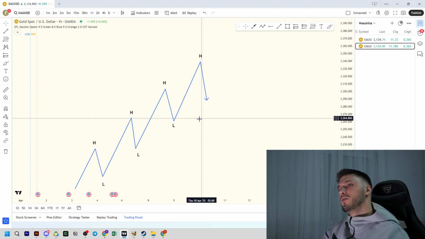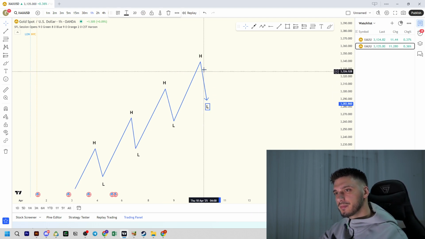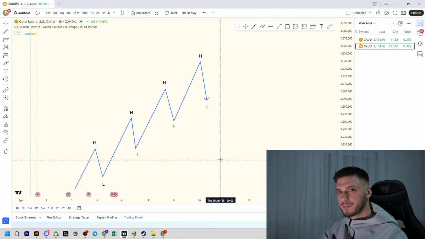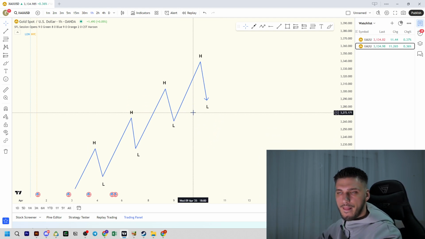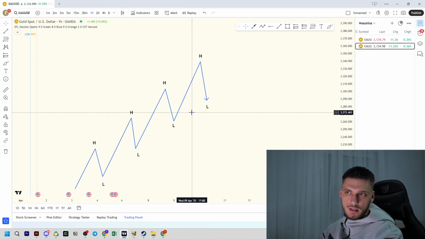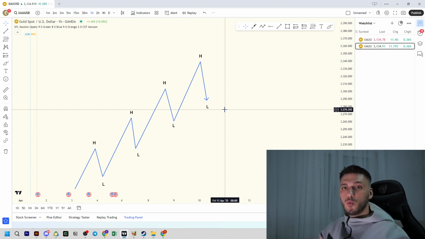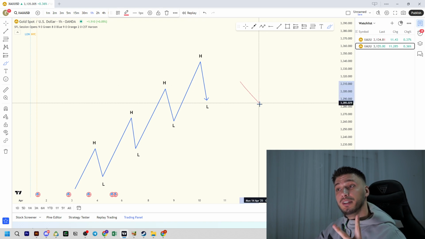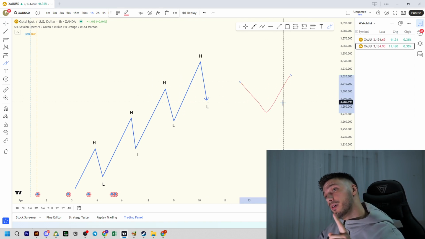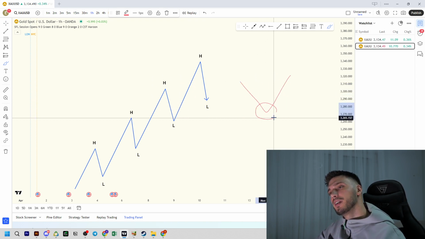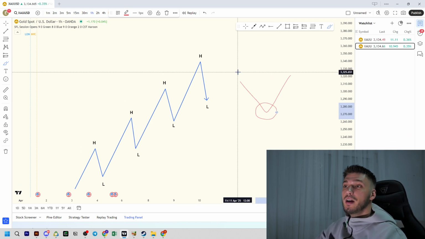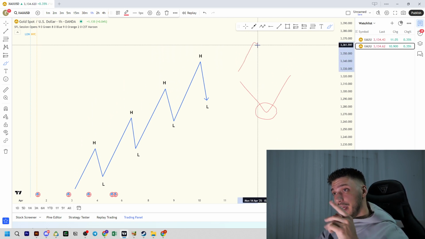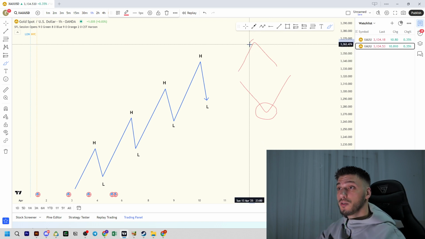And now I want to ask you this. Is this a low? This is a move down. Is this a low? No, it's not. Why? Because we need two steps to create a high or a low. A move down and a move up. That's how we can identify the low. We need a move up and a move down, two steps, to create a high.